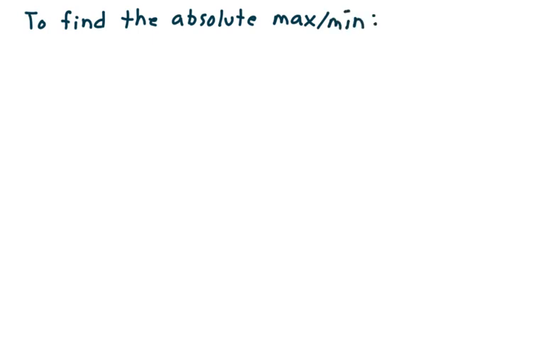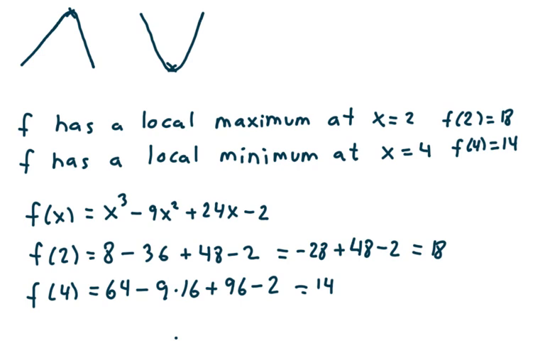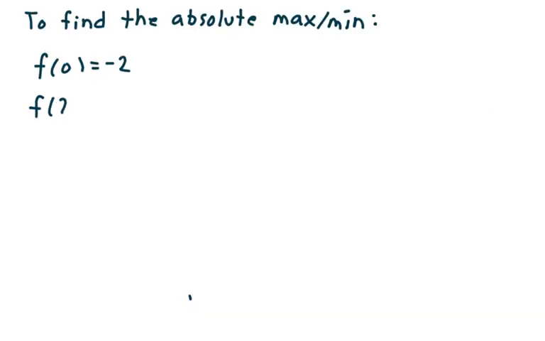Well, we need to figure out f of 0. Okay? Now, f of 0 is going to be negative 2. And then let's remind ourselves, f of 2 is 18. F of 4 is 14, right?